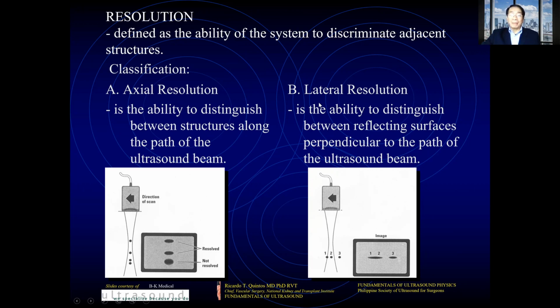The same thing happens with lateral resolution. Lateral resolution is the ability to distinguish between reflecting surfaces perpendicular to the path of the ultrasound beam.